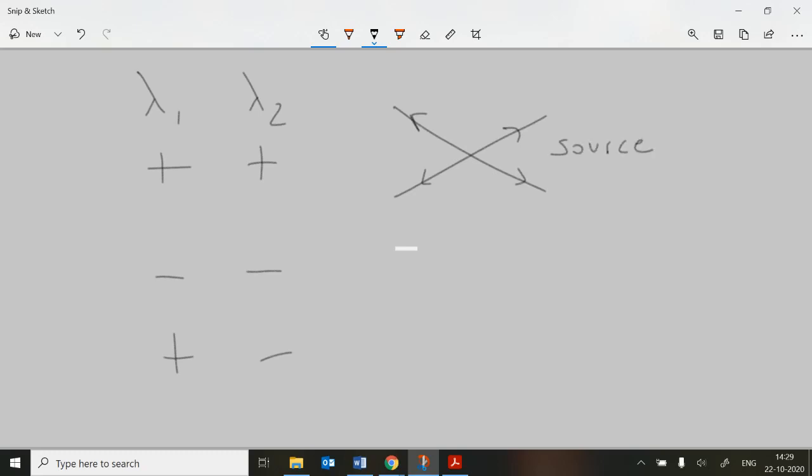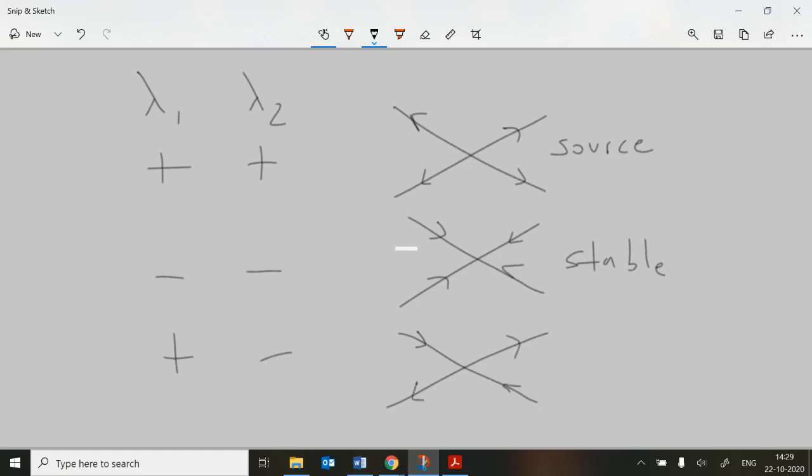If you've got a negative and negative, then it's going to be stable, so we're going to be coming towards our point of equilibrium. This is our stable case. And then if we've got a positive and negative eigenvalue, then we have this saddle, so we have one of them coming in and one of them going out.